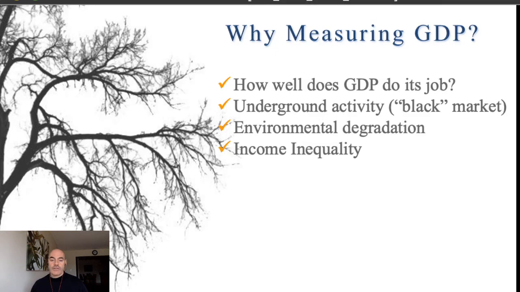So GDP fails on that account as well. And finally, we talked about income inequality. It's basically based on the idea of distribution, who gets what and how much. And unfortunately, GDP does not have a way to account for that.